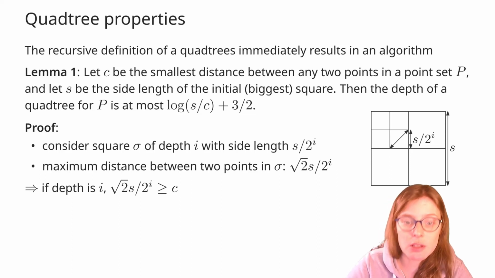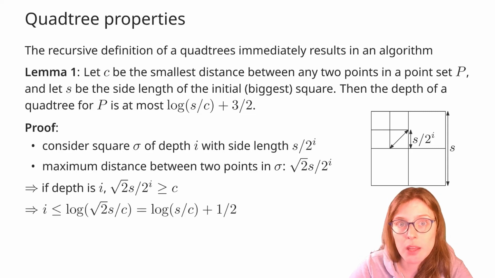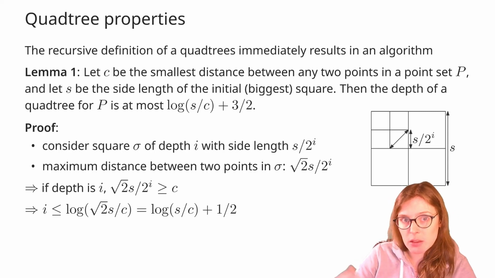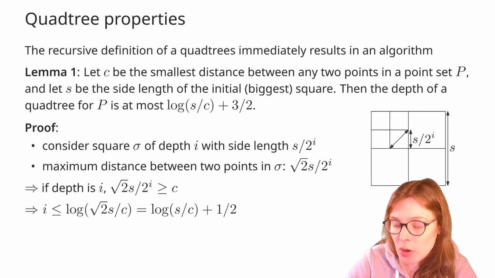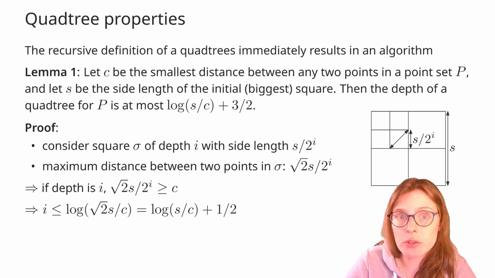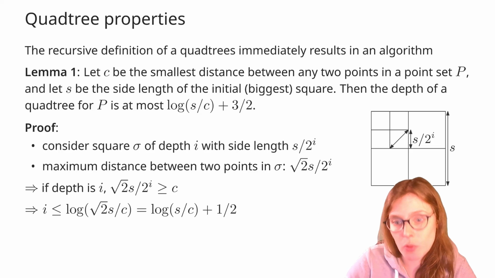If we solve this inequality for i, we get that i is at most logarithm of s over c plus 1/2. And because the assumption was that this was an internal node with a square with 2 points in it, the height of the quadtree will be at most logarithm of s over c plus 3/2, so one more.